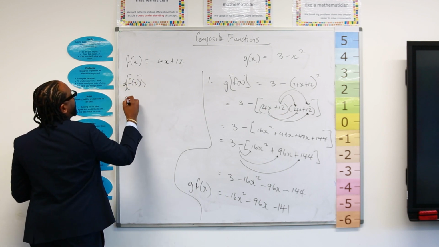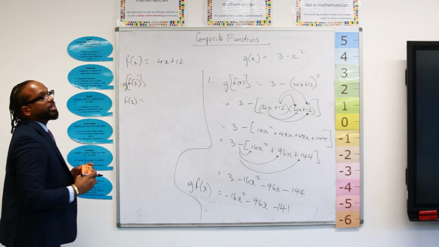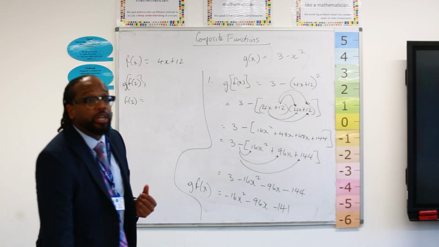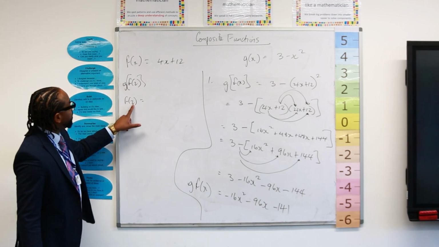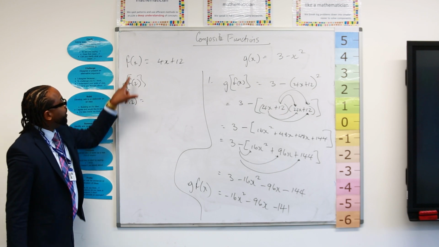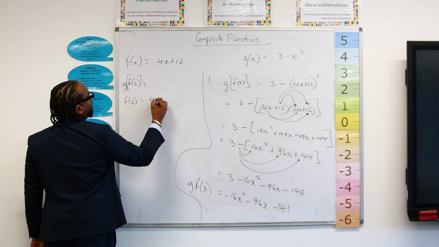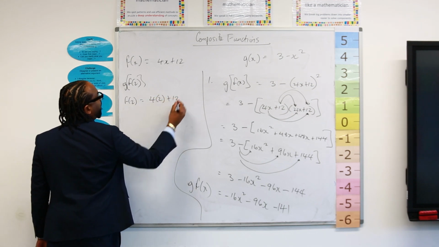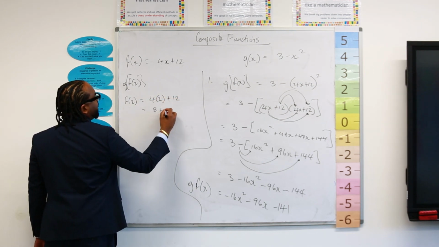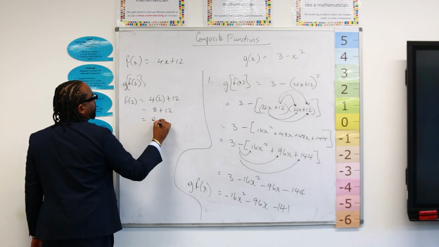First, I'm going to do f of 2. What does f of 2 mean? Based on our previous lesson, our input in place of x will be 2. So I'm going to substitute 2 into that space. It becomes 4 bracket 2 plus 12. 4 times 2 is 8. 8 plus 12 is 20.